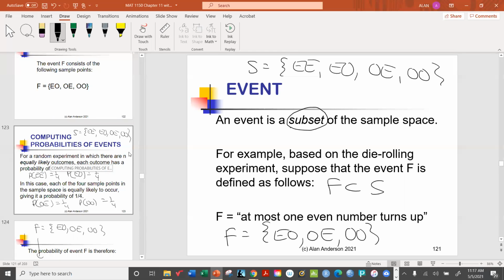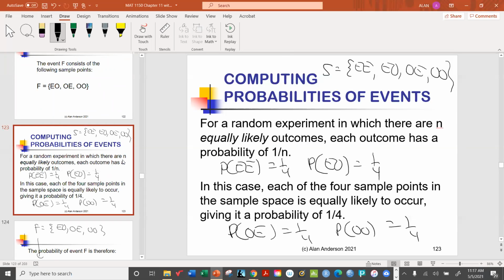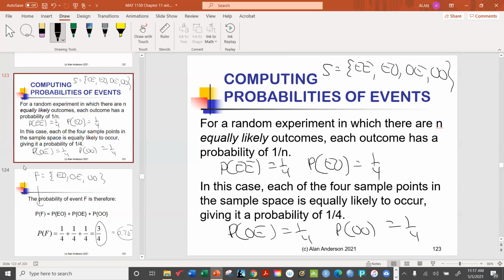Each element has a probability of 1/4 for that reason. And so we can write that out here on the next slide. And clearly all I've done is written out the idea that the probability of each element is 1/4. And so that's going to help us with our calculations for any event that we choose to define. And you'll see that it makes things a lot simpler when they're all equally likely.